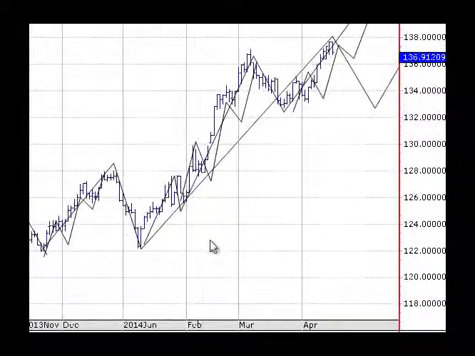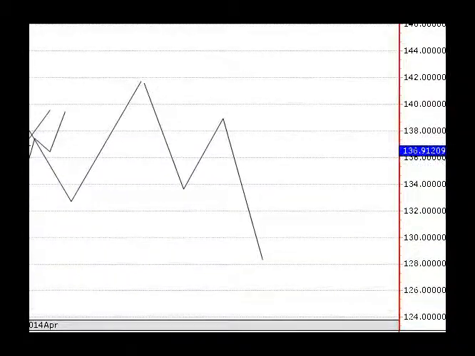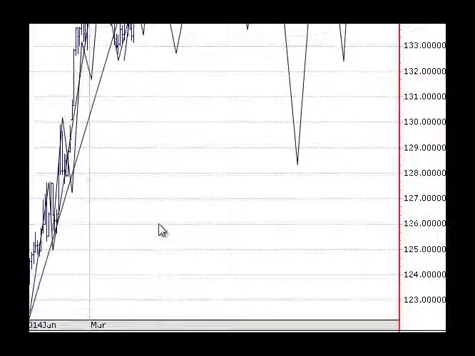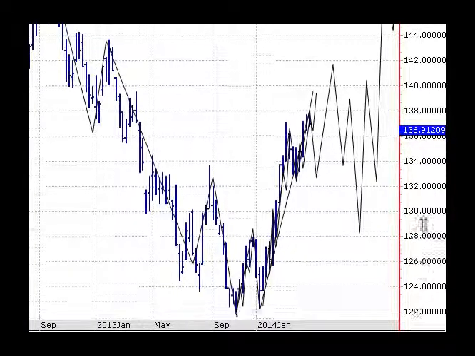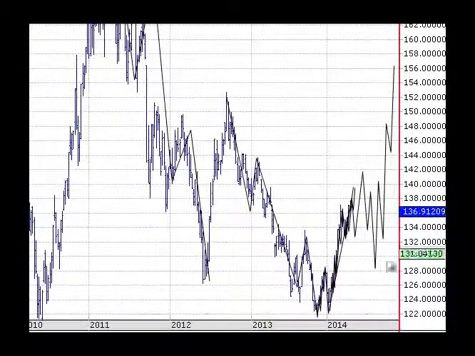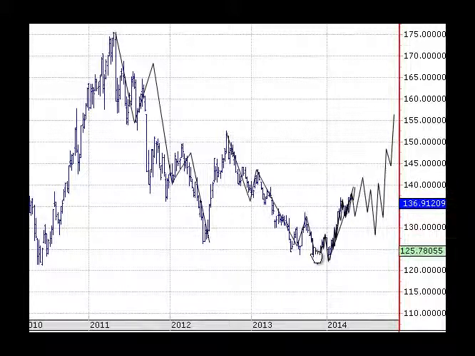But the simple fact that we get 5 waves here means that we're going to get another 5 waves over here. So in the bigger picture, if I come back to the weekly chart here, just to make it a bit tidy, you can see that if we get 5 waves here, then we get 3 here, and then we get another 5 over here.